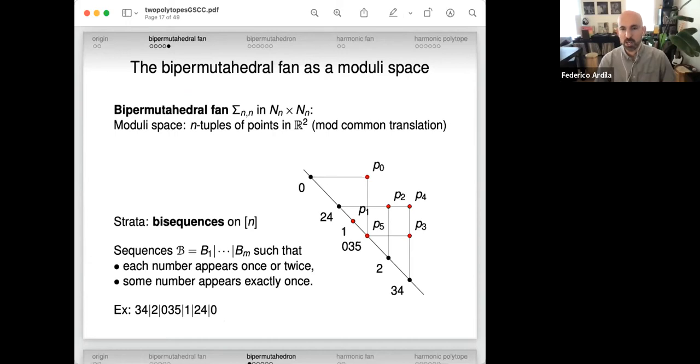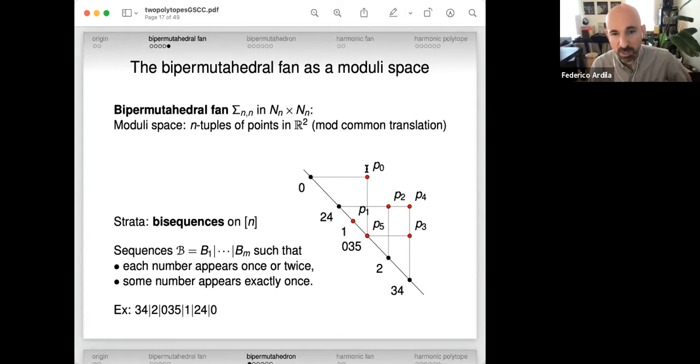Jia1 is asking, can I say a bit more about configurations having the same bisequence? For example, let me take point P0 and move it up vertically. If I do that, nothing is going to change except that this label 0 moves over there, but it stays in the same place. Okay, so that's still the same configuration. And so if I move the point P0 up, I'm going to get the same bisequence.